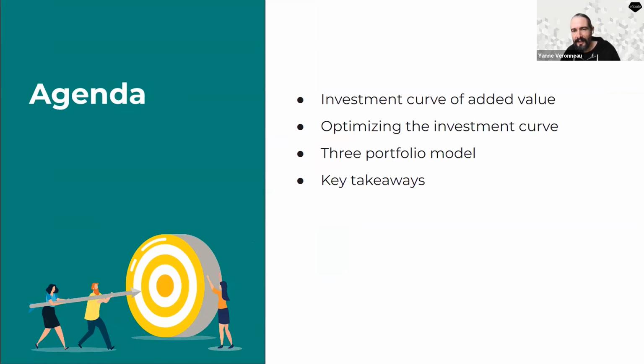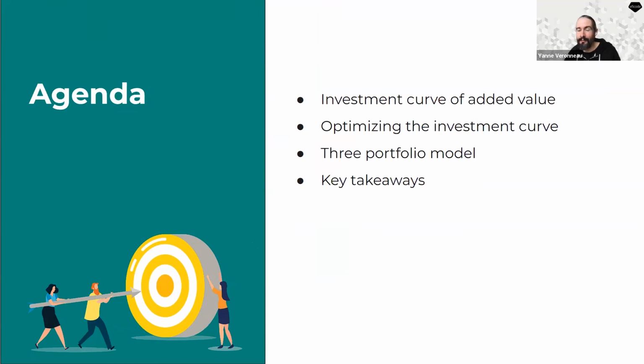So just quickly today, what we're going to talk about is the investment curve of added value. Perhaps if you've seen any of these webinars previously, you're familiar with this. So we might go a bit quickly through this part of the presentation, but please don't hesitate to ask questions about this. I'll come back to that in a minute.